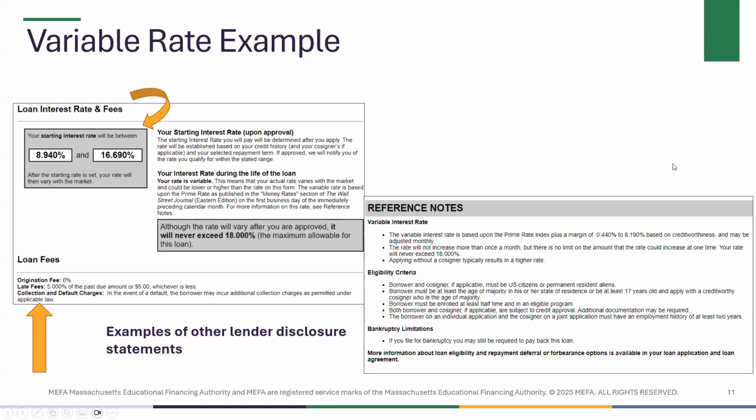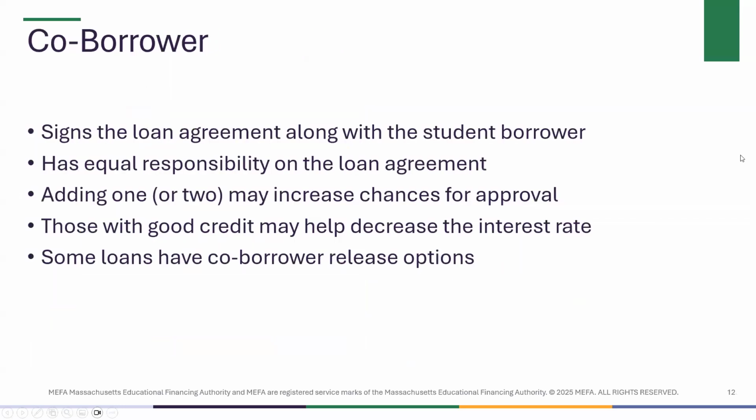So if a lender has any other types of fees, those will be listed on the disclosure. And it also shows on the variable rate disclosure what that cap is on the interest rate. So for this loan, the loan will never go above 18%. Also important when you're looking at variable interest rates to understand the index that the rate is tied to. That will be shown on the variable rate disclosure as well.